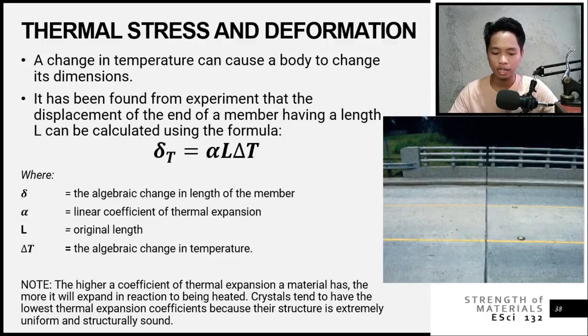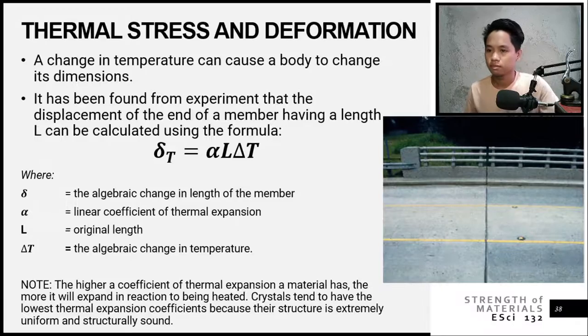Based on our table, I hope you are looking at it right now, titanium alloy Ti-6Al-4V has a coefficient of thermal expansion equivalent to 9.4, 10 to the negative 6 per degree Celsius. Therefore, since it has the lowest coefficient of thermal expansion, it moves very little.